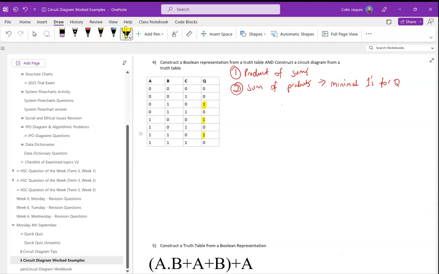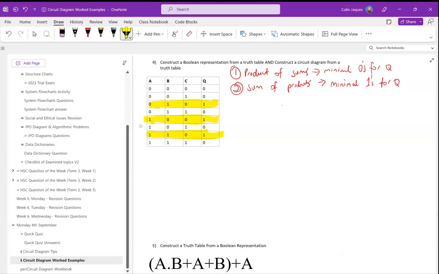Now, if there was lots of 1s in this column, then what we would do is we would use product of sums instead. So let me just go through the sum of products method, because this is probably the most likely one you're going to get rather than the other way around, because you're more likely to have less outputs on, if that makes sense, less Qs being on.